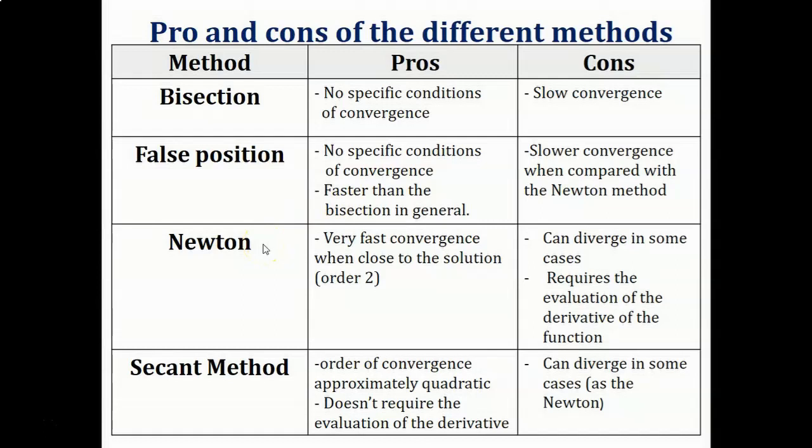Now the Newton method is a very fast convergence method. The order of convergence is 2 when close to the solution, but the major drawback is that it can diverge in some cases, and it also requires the evaluation of the derivative of the function.